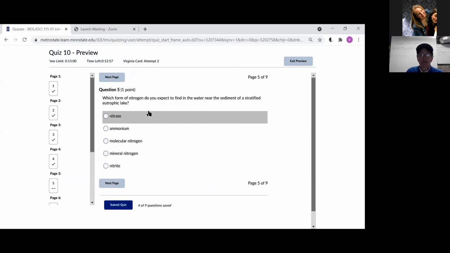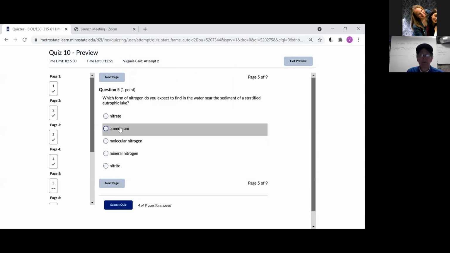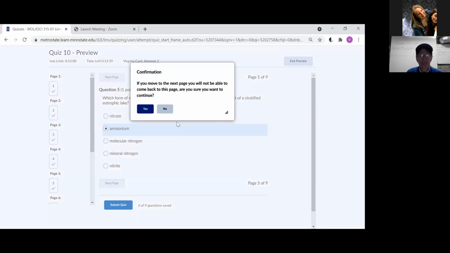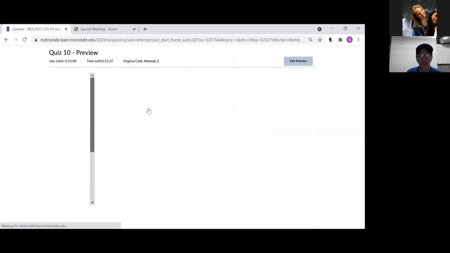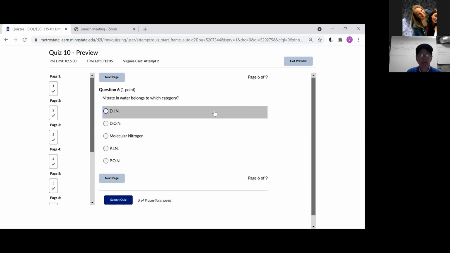Which form of nitrogen do you expect in water near the sediment of a stratified eutrophic lake? The most reduced form near the sediment of a eutrophic lake. Gotta be ammonium. That is the most reduced form. Nitrate is dissolved inorganic nitrogen.